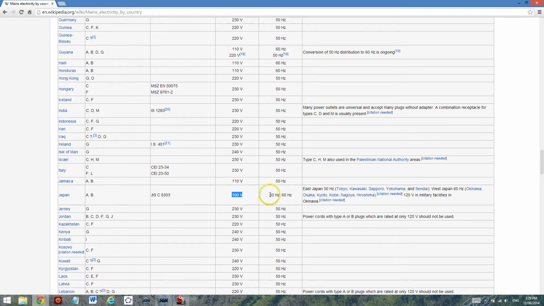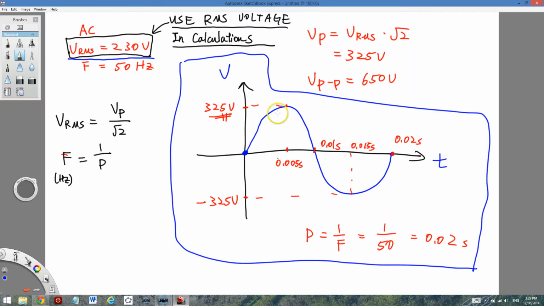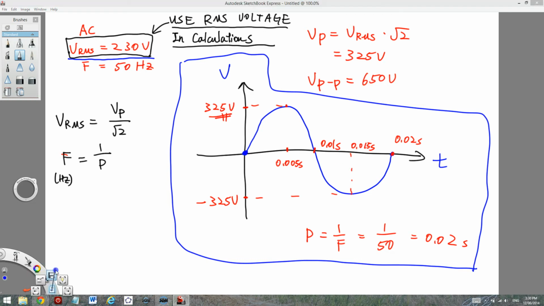Just say 50 hertz. If I tell you this information, you must be able to sketch me a graph like this for one period and find the peak value and the peak to peak voltage. So this is step 1.